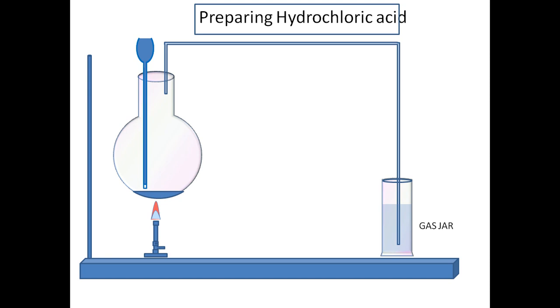Here, when hydrogen chloride gas comes in contact with water, it will be absorbed, and the water will tend to move through the delivery tube into the flask known as the round bottom flask.